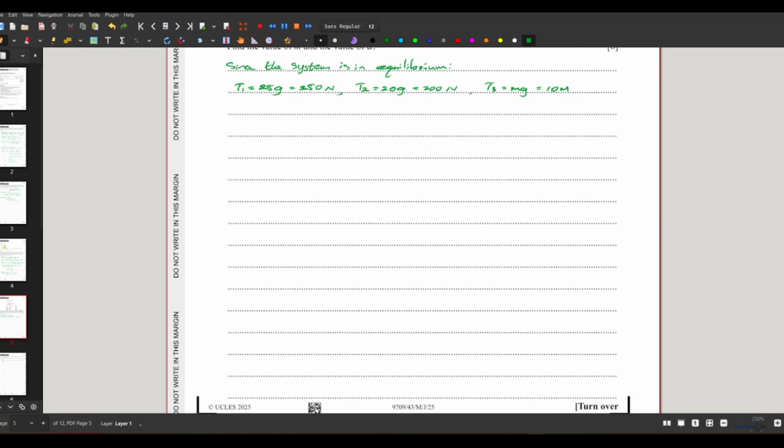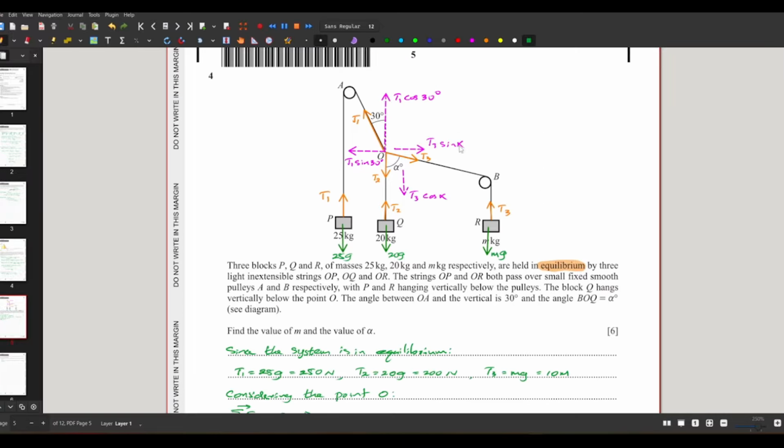So we can use that concept here, considering point O. So I will take the total force in the x direction. I will consider the right direction as positive, so equal 0. With this one, I can write here T3 sine alpha minus T1 sine 30.